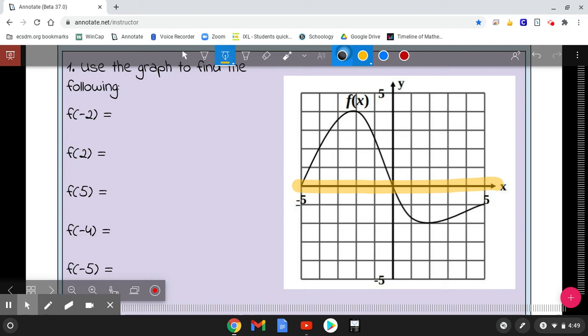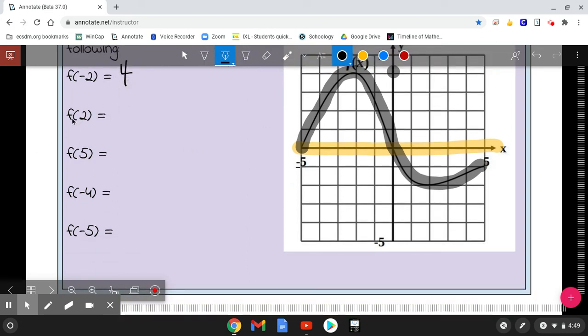So you see that function here? Wherever it hits that function. So go to the left 2, go up until we hit our function, and now we check out the y value, which is right here. And that y value is 1, 2, 3, 4. So f of negative 2 is equal to 4.